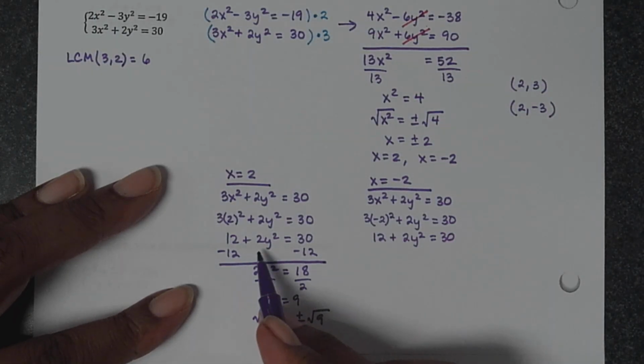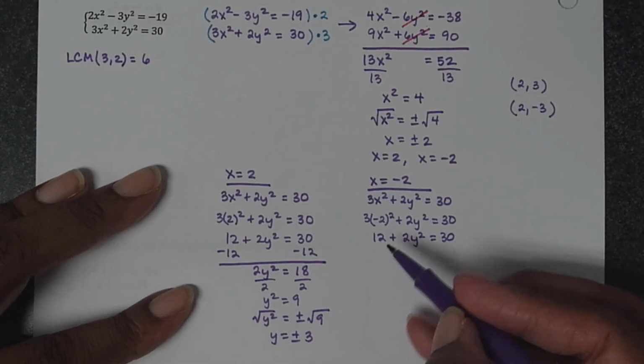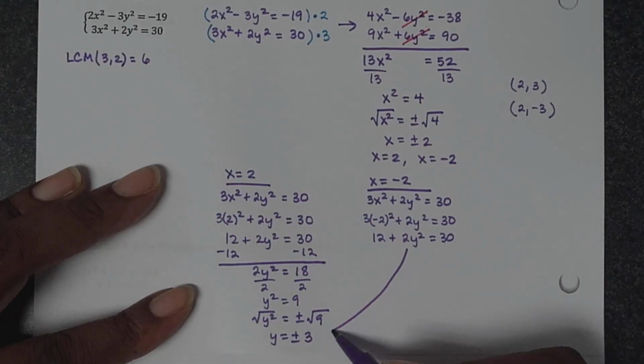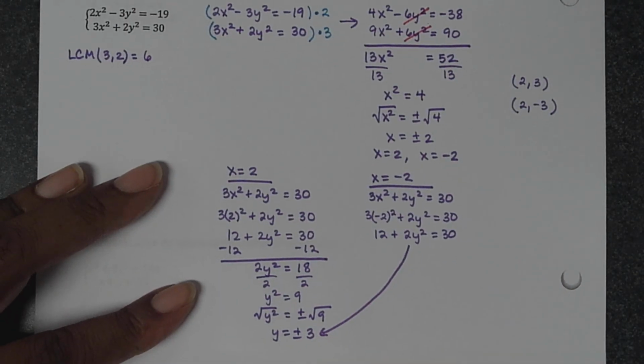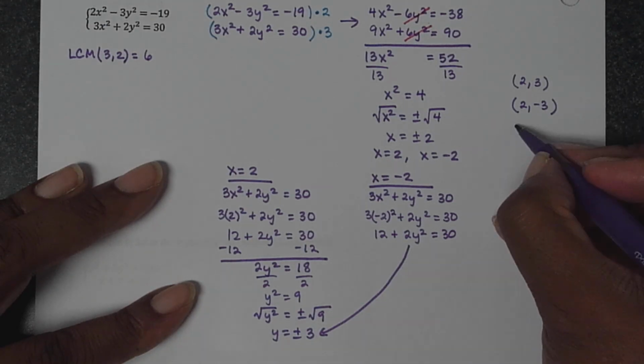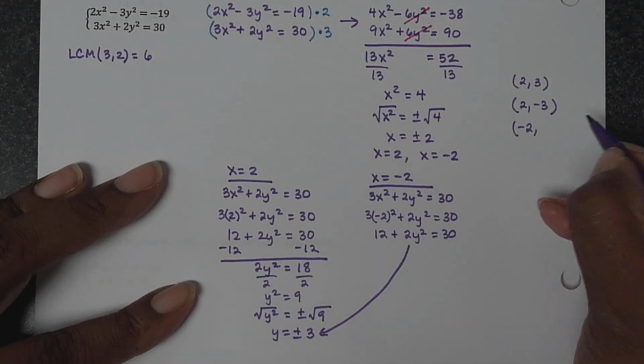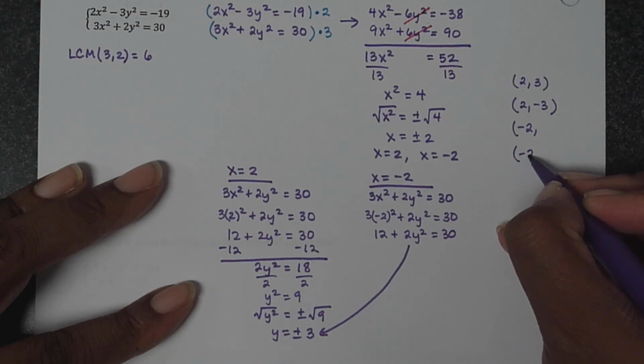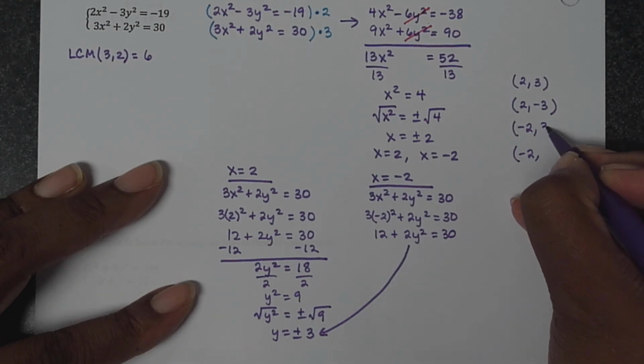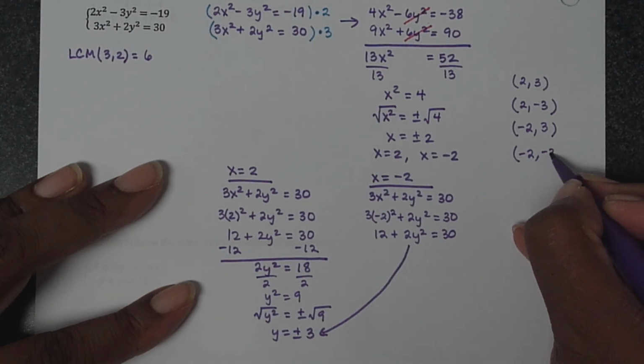And that's exactly the same thing I got right here. So if I go through all of this, I'm going to end up getting y to be equal to plus or minus 3. So when x is negative 2, I also have two y values here. One would be positive 3, and the other one will be negative 3.